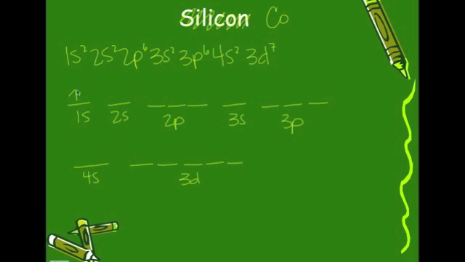Now we fill in our arrows. 1, 2, 3, 4, 5, 6, 7, 8, 9, 10, 11, 12, 13, 14, 15, 16, 17, 18, 19, 20. And the only reason I draw these little half arrows is because they save time. Now D, remember, only gets 7. So 1, 2, 3, 4, 5, 6, 7.